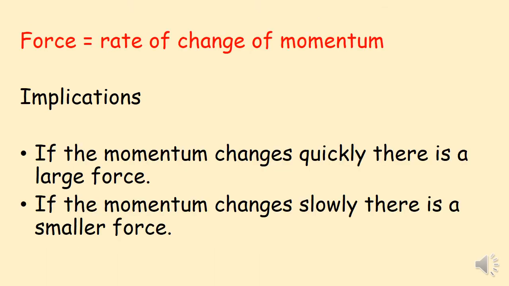So if the force is related to the rate of change of momentum, it leads us to two important conclusions or implications which we are going to use time and time again through your questions in the latter part of this video. So implication number one, if the momentum changes quickly, there is a large force. If the momentum changes slowly, there's a smaller force.